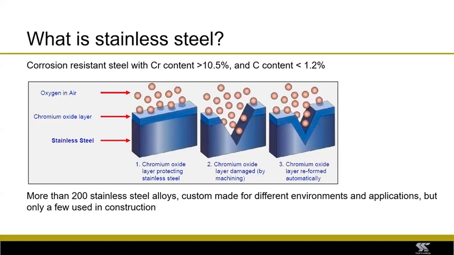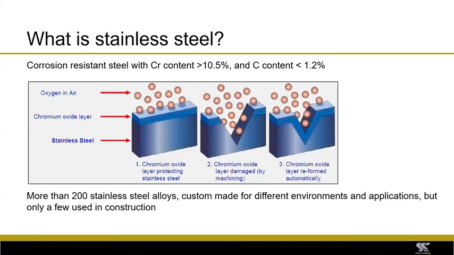But what all stainless steels have is at least 10.5% chromium content. And with that 10.5%, you can see from the diagram, you get a tightly adherent layer of chromium oxide, which clings to the surface of the steel and protects the steel from corroding if you've got moisture and oxygen.